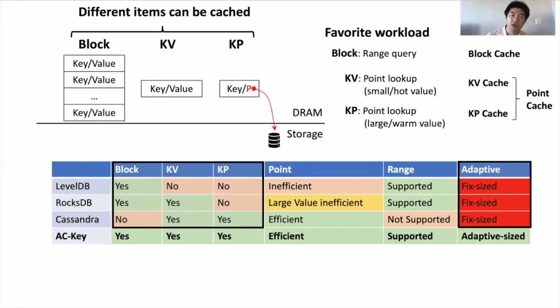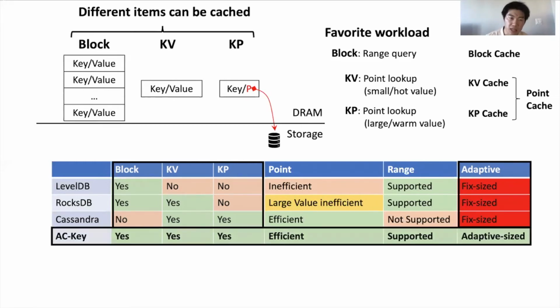This motivates us to design AC-Key, which has all 3 different types of components, so it supports both point lookup and range query. We also want the size of the different caching components to be adaptive. This allows us to change the size of each component if the workload changes.